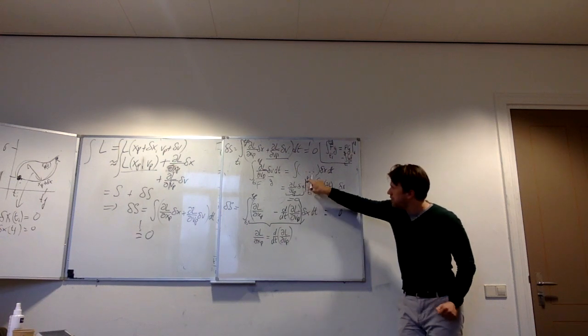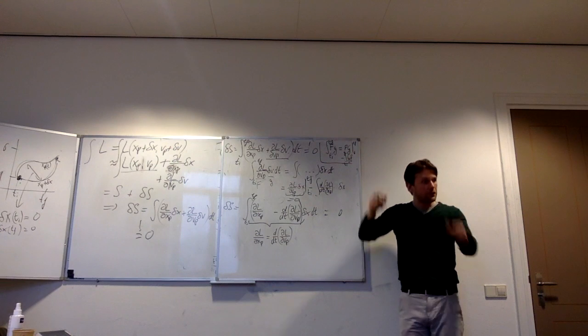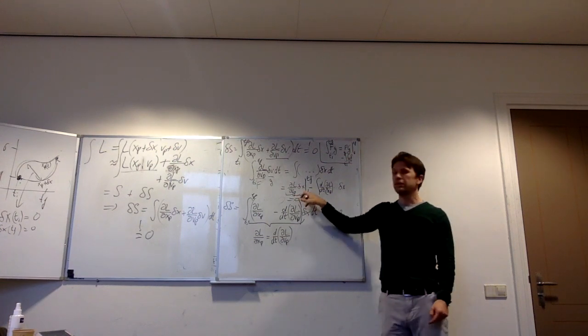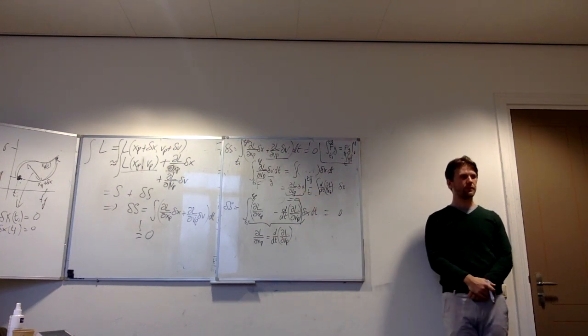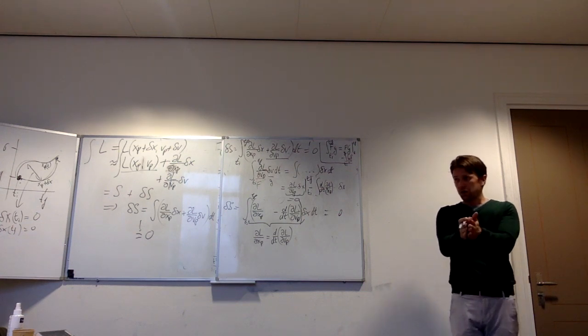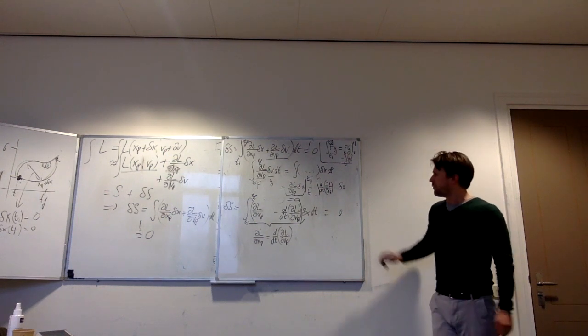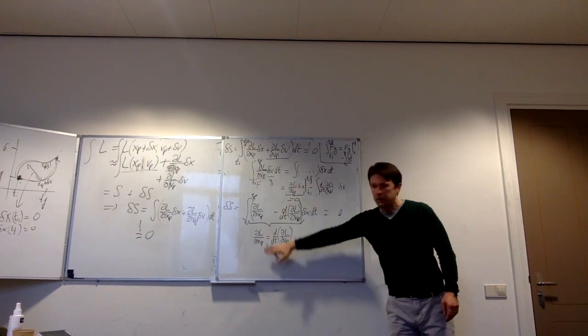Now any point in between these two, delta x is not 0, but at these points it is 0, so their difference is also going to be 0. This is why this is 0. So that's not a mathematical reason, that's a physical reason. The physical reason is you know what the initial state of nature is that you're looking at. Therefore this is 0, then the rest follows.